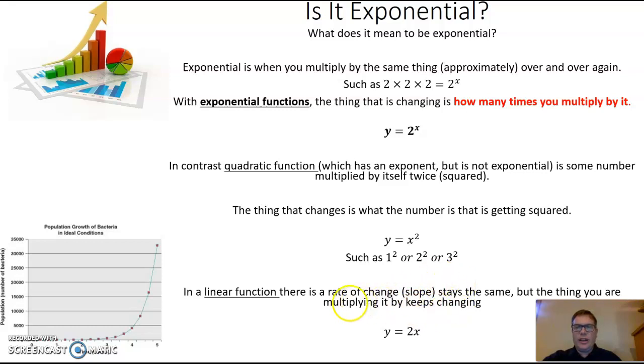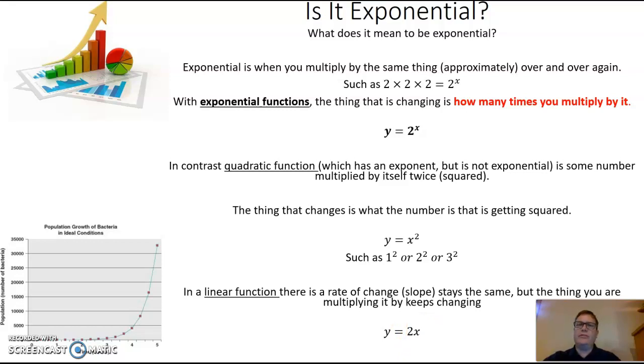So in that case, it's not going to have an exponent. This is the one most people are familiar with, linear functions, linear relationships. Here we've got just the amount that is changing by is 2. Okay, so that's linear.